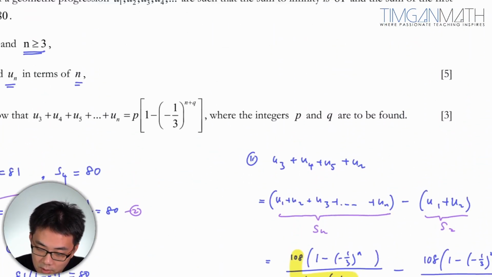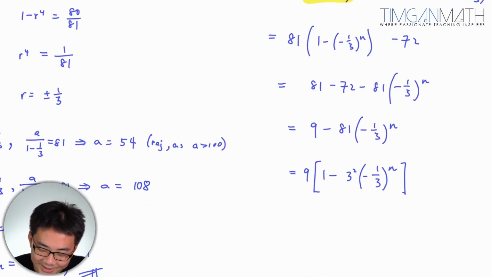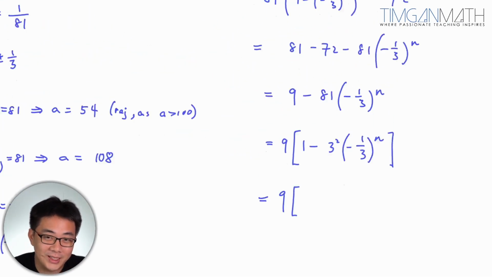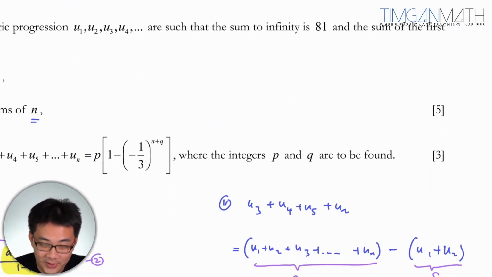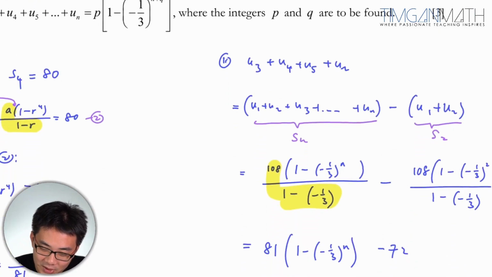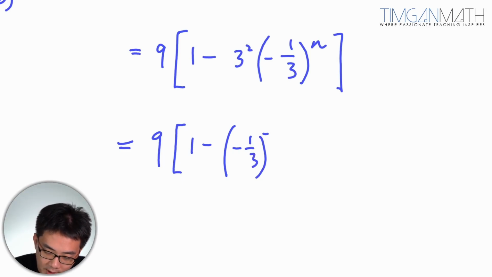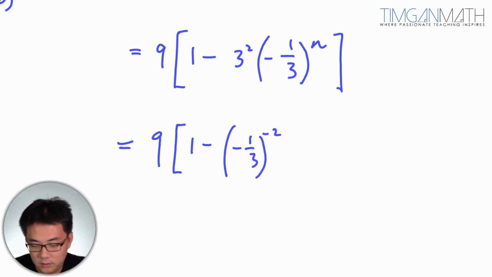How do we actually merge these two? That's the thing, because we need this p and q here. So I will write this as minus 1/3 to the power of n, times 3 squared, minus 2.